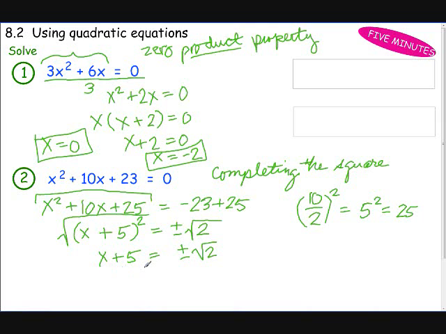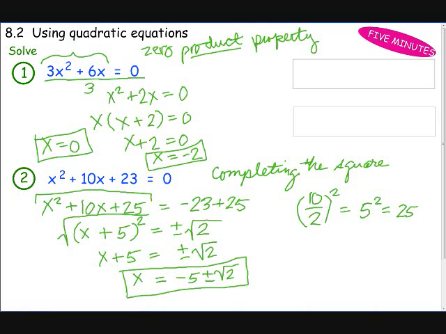And the next thing we do is we subtract 5 from both sides, and we have our two solutions for x. Minus 5 plus the square root of 2, or minus 5 minus the square root of 2. So I can express both solutions in this case just using plus or minus.